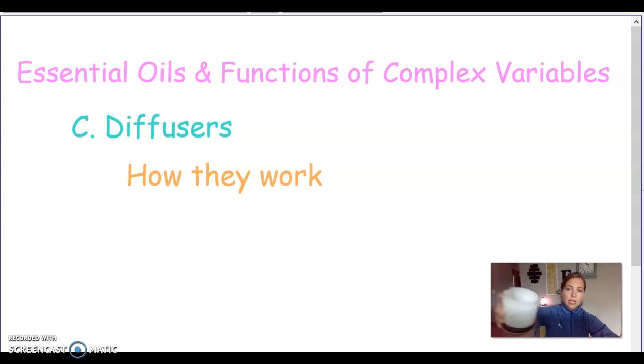And what it does then is it breaks the oil up into microscopic particles within the water. And then the diffuser disperses the water and the oil into the air in the form of a fine mist. And then you can inhale it. It disperses throughout your home.